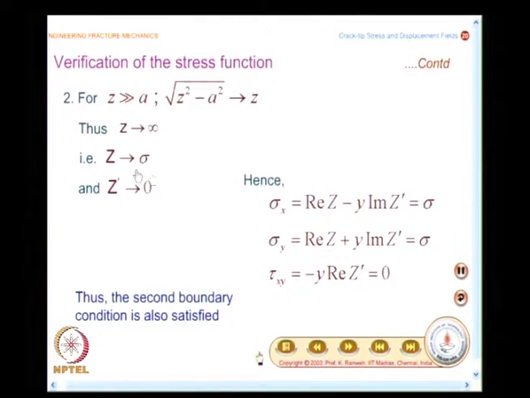See, as of now, how does the solution look? I have capital Z, I am satisfying what happens at the crack faces, and I am satisfying what happens at infinity. So, that gives you a semblance that the solution you get at this stage is valid for the entire field.